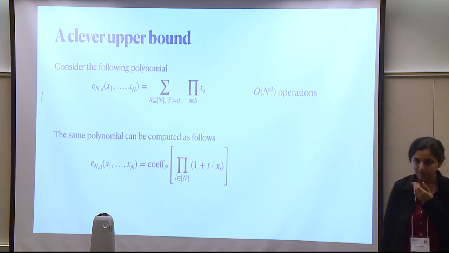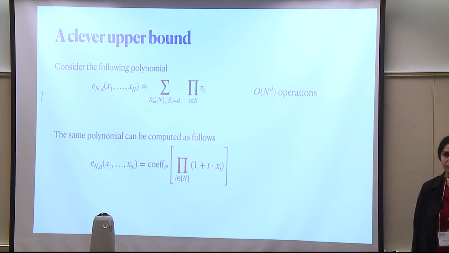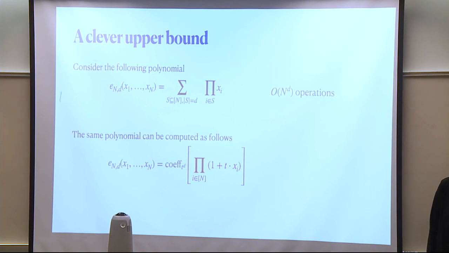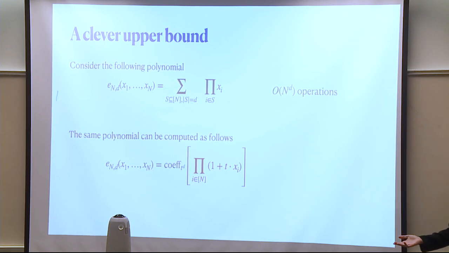Let's look at this polynomial in red for a bit. It has n plus 1 variables: all the original n variables and this extra variable t.